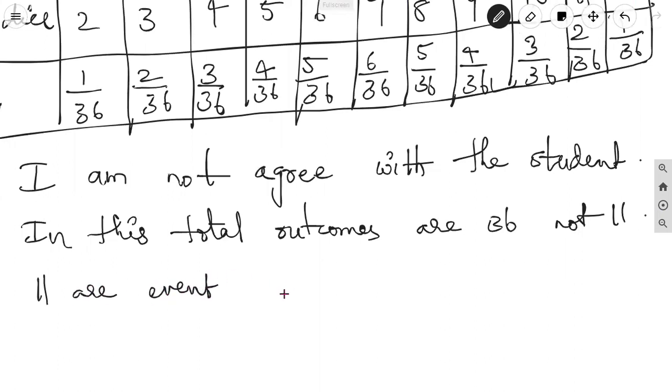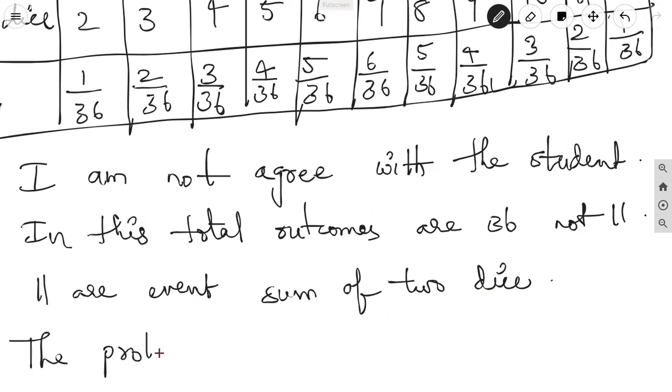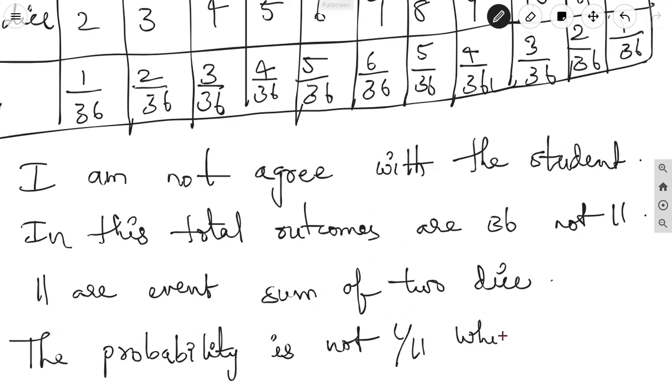Event means sum of 2 dice. So the probability is not 1 by 11, which is different.